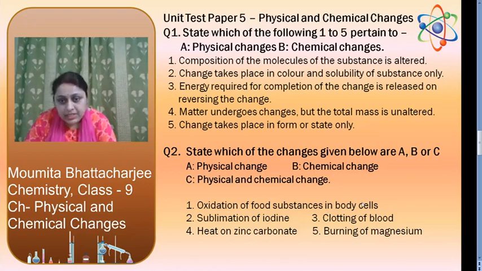This is a chemical change. Sublimation of iodine. This is an example of physical change. Clotting of blood. We can say this is both physical and chemical change. Heat on zinc carbonate. On heating, zinc carbonate decomposes to form zinc oxide and carbon dioxide. Obviously, it is a chemical change. Burning of magnesium. This is also a chemical change.